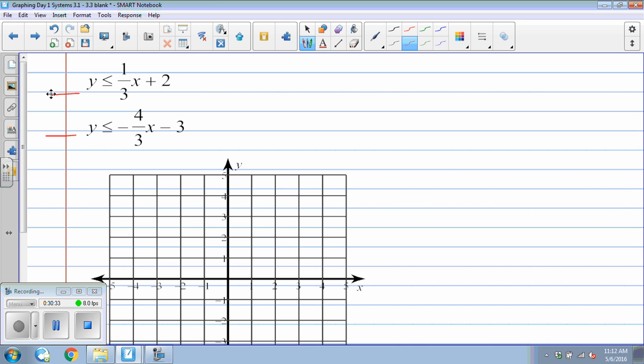So you say y is less than. Less than means you shade below. Greater than means you shade above. When you hit enter, you want it to put that little symbol, which means it's going to shade everything below it, because that's less than.